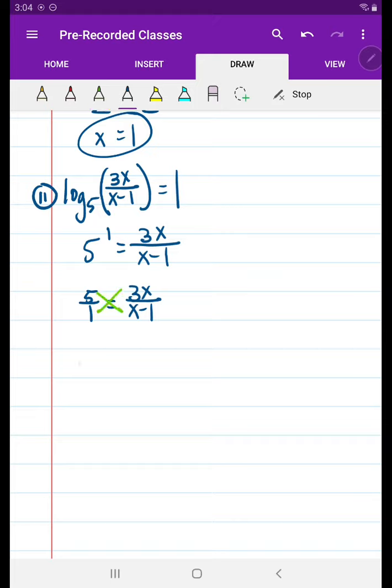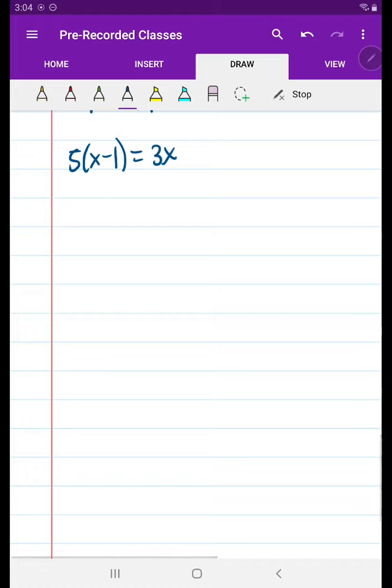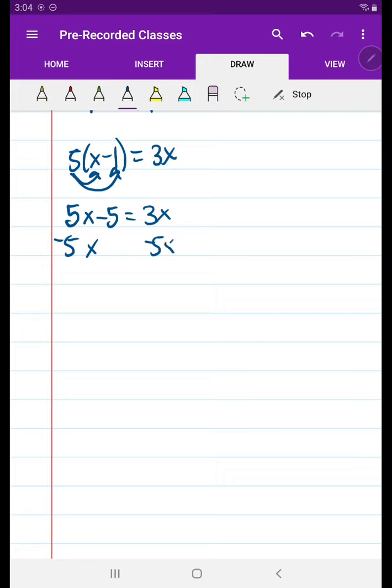So I'll get 5 times x minus 1 equals 3x, right? And so then if I distribute that 5, I get 5x minus 5 is 3x, and then I can subtract 5x from both sides, and -5 is going to be -2x, and then divide both sides by -2, and x is 5 over 2, right?